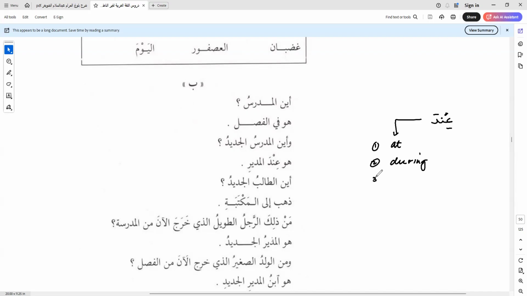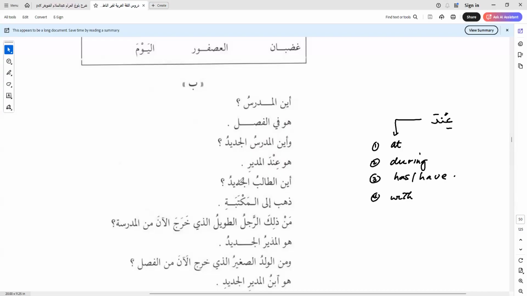And inda can also mean to has or have. But here, huwa inda al-mudir, it means he is at or he is with. So inda can also mean with. You can say he is at or he is with.